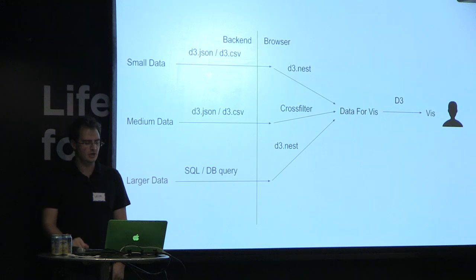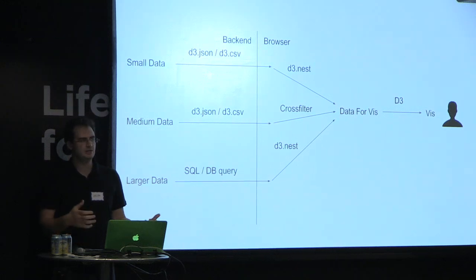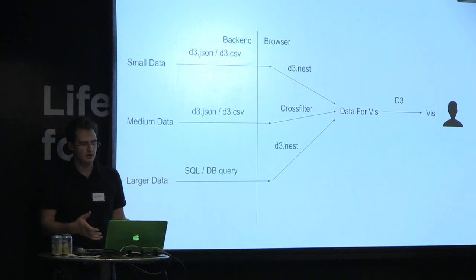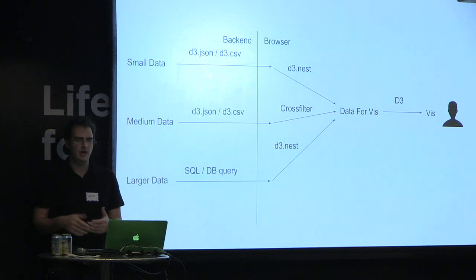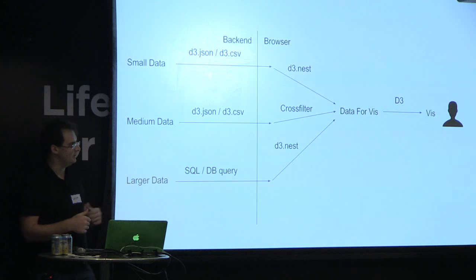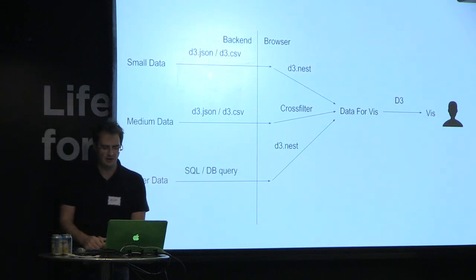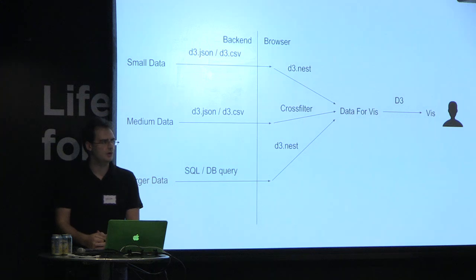And then you have the larger data use case. This is basically where your data is so big that you will not load it into the browser. The data set that you can download, that GitHub repo that was up here that we'll play around with later, has a data set of that kind.